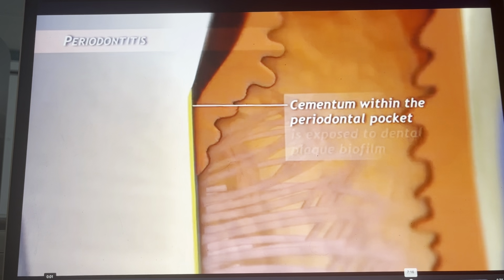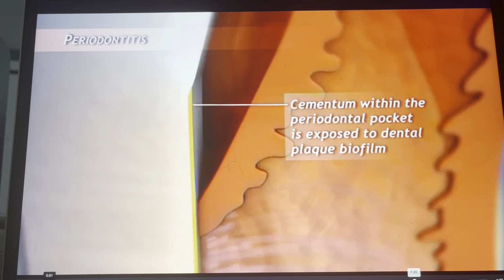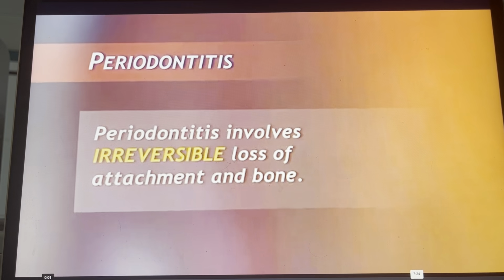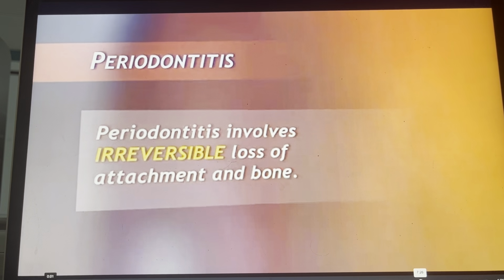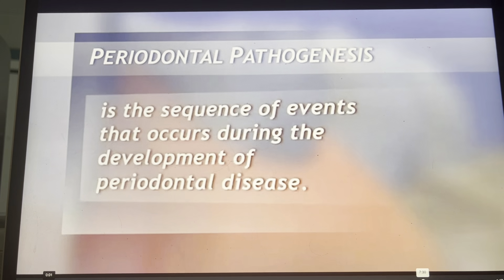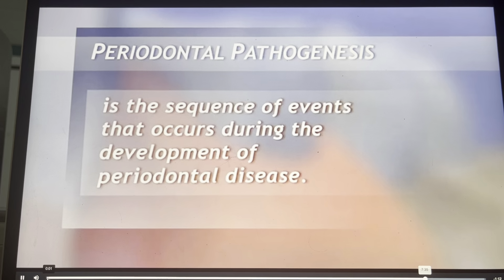Cementum within the periodontal pocket is exposed to dental plaque biofilm. Periodontitis involves irreversible loss of attachment and bone. Periodontal pathogenesis is the sequence of events that occurs during the development of periodontal disease.